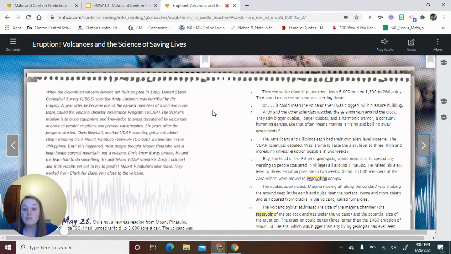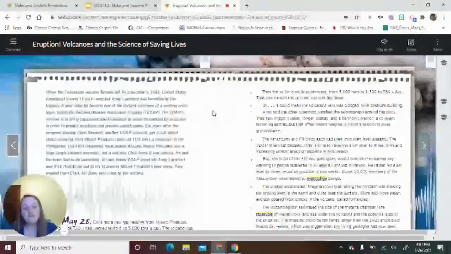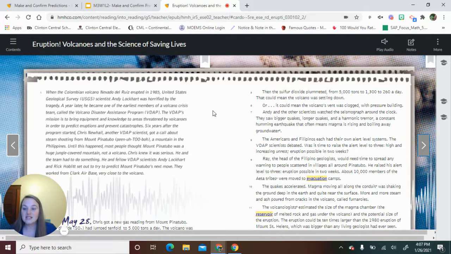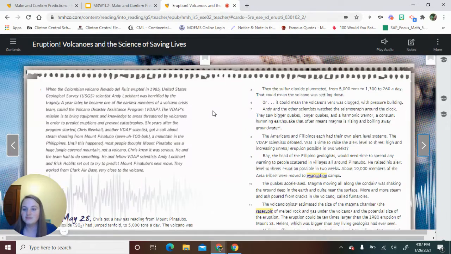Until this happened, most people thought Mount Pinatubo was a huge jungle-covered mountain, not a volcano. Chris knew it was serious, and he and the team had to do something. He and fellow VDAP scientists, Andy Lockhart and Rick Hoblet, set out to predict Mount Pinatubo's next move. They worked from the Clark Air Base, very close to the volcano.